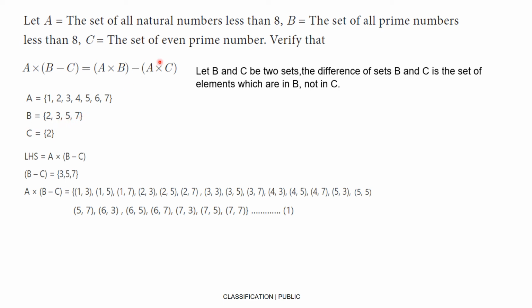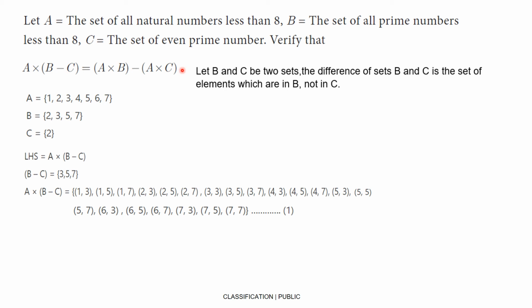C is the set of even prime numbers, only one, that is 2. Okay, first you understand this and learn it, after that you do this. So LHS, what is LHS here? A cross (B minus C). What is B minus C? That is the difference of sets.